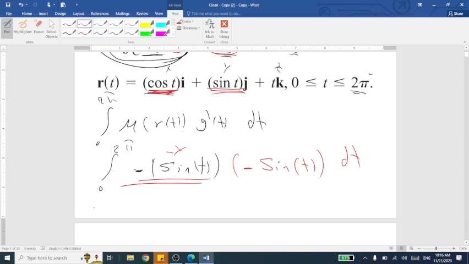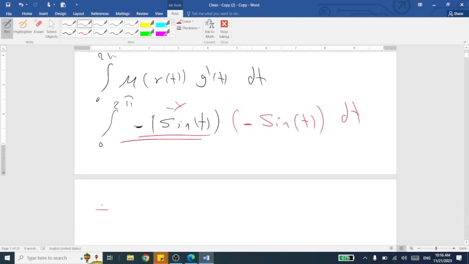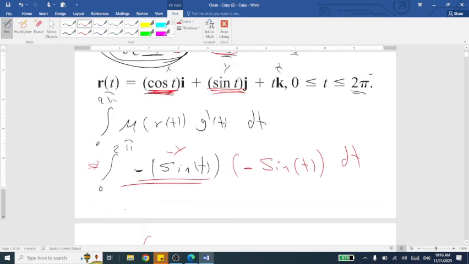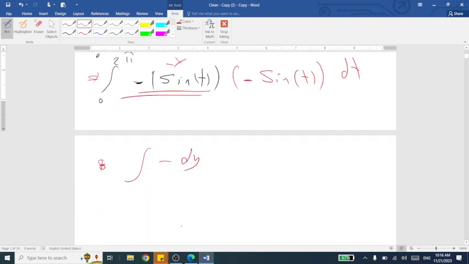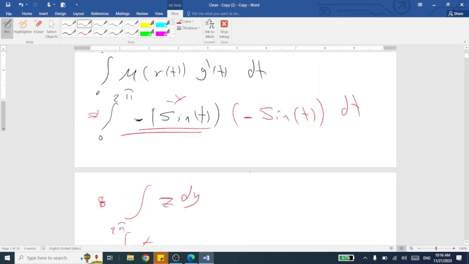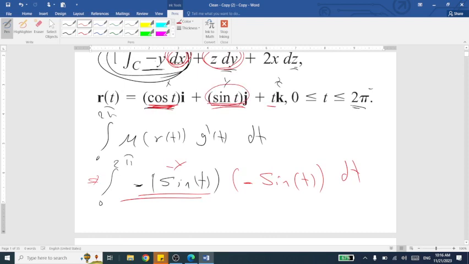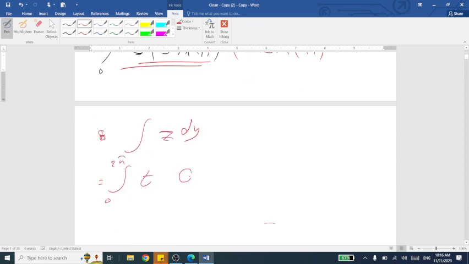For the z dy part, z is equal to t, and y is sine, derivative of sine, cosine t dt. Clear or you need more?